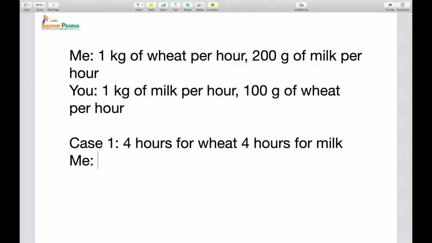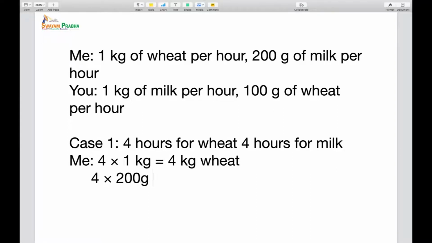So, how much wheat do I have in 4 hours? It is 4 times 1 kg, which is 4 kg of wheat, and 4 times 200 grams, which is 800 grams of milk.